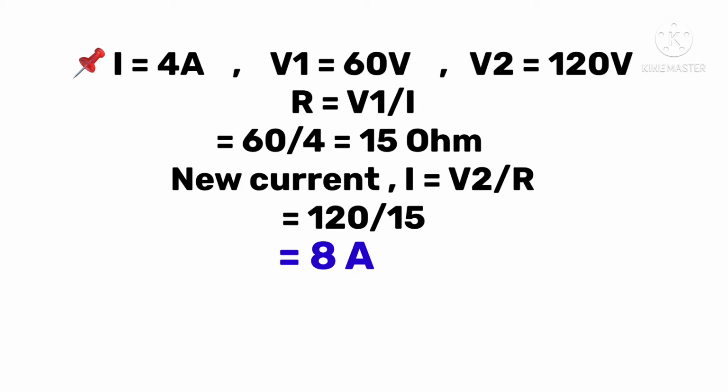We know that R equal to V1 by I, that is 60 divided by 4, which is equal to 15 ohm. Now we have to find the new current I. That is, when 120 potential difference is applied, the current I equal to V2 by R, which is equal to 120 divided by 15. So the answer will be 8 ampere.